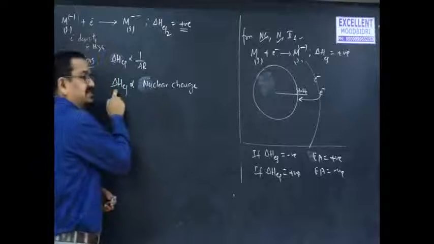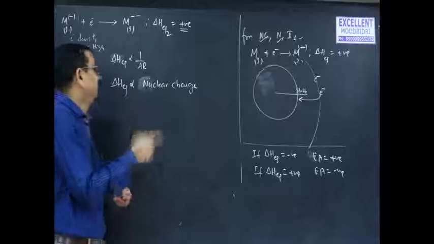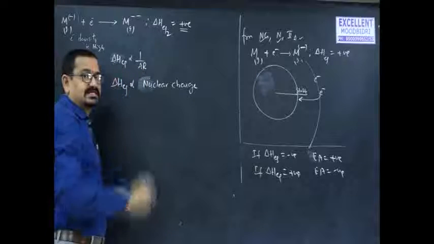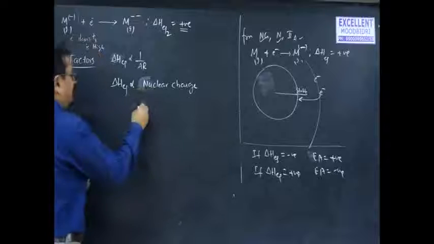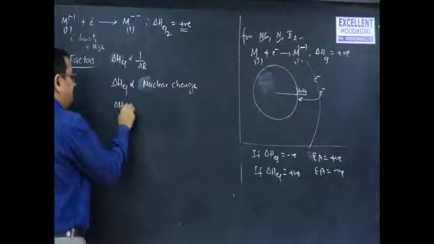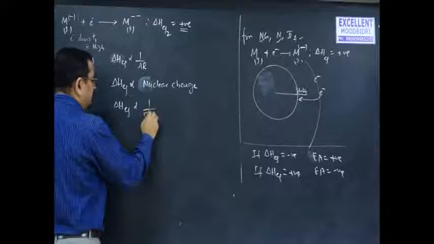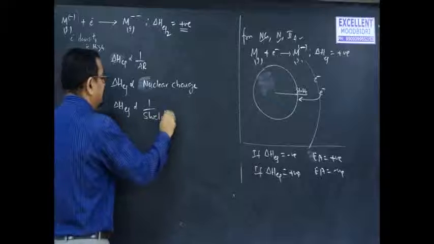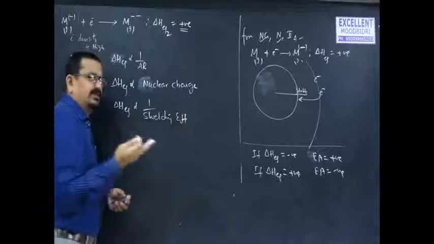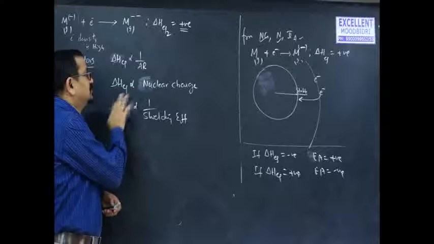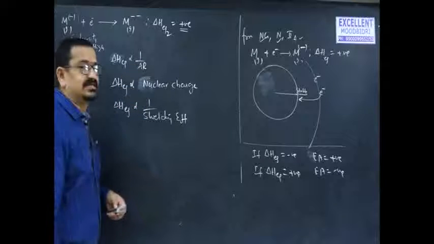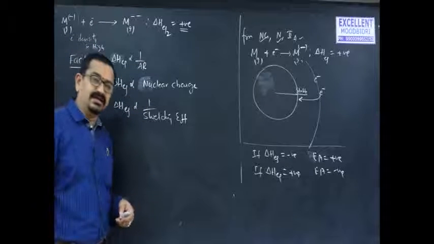So, more the nuclear charge, more is its electron gain enthalpy. Smaller the size, more is the electron gain enthalpy. And electron gain enthalpy is inversely proportional to shielding effect. If the shielding effect is more, it cannot gain an electron easily, so its electron gain enthalpy will be less. So, these are the factors that influence electron gain enthalpy.